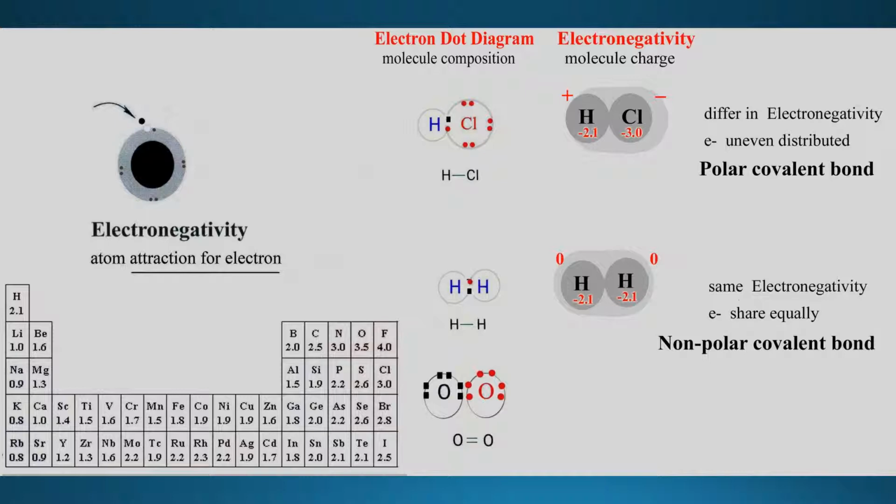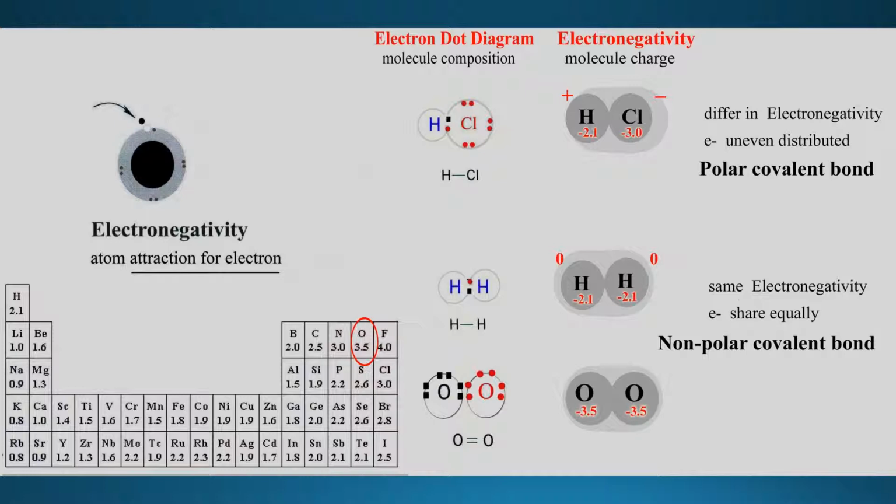Oxygen, O2. They form a double bond. They are a covalent molecule too. And now see how the electron distribution is. See who is stronger. They are both 3.5.